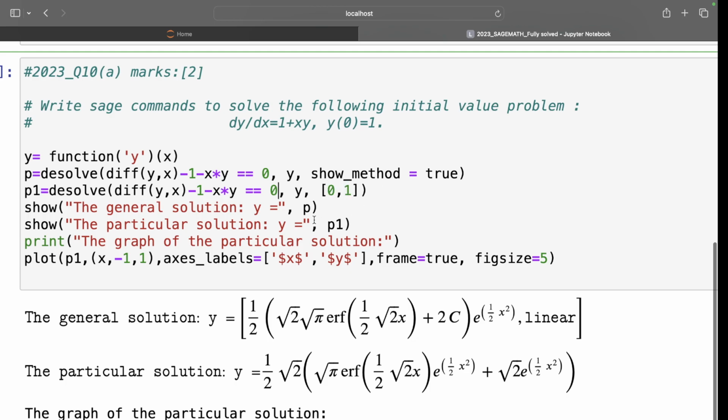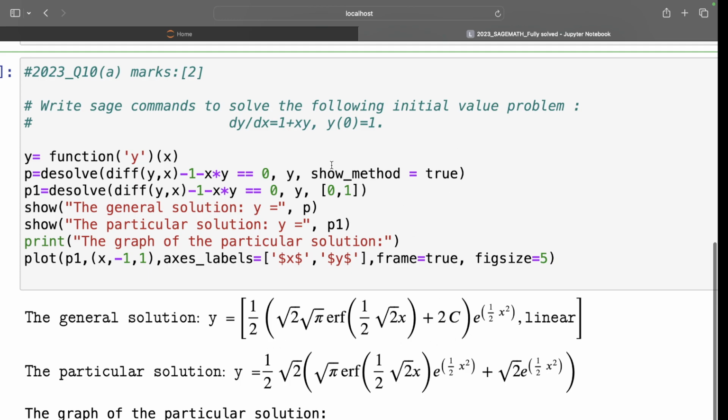The initial condition is this. So from the first P1 you find the general solution, where C is the arbitrary constant. This is a first order differential equation, so there is only one arbitrary constant C.